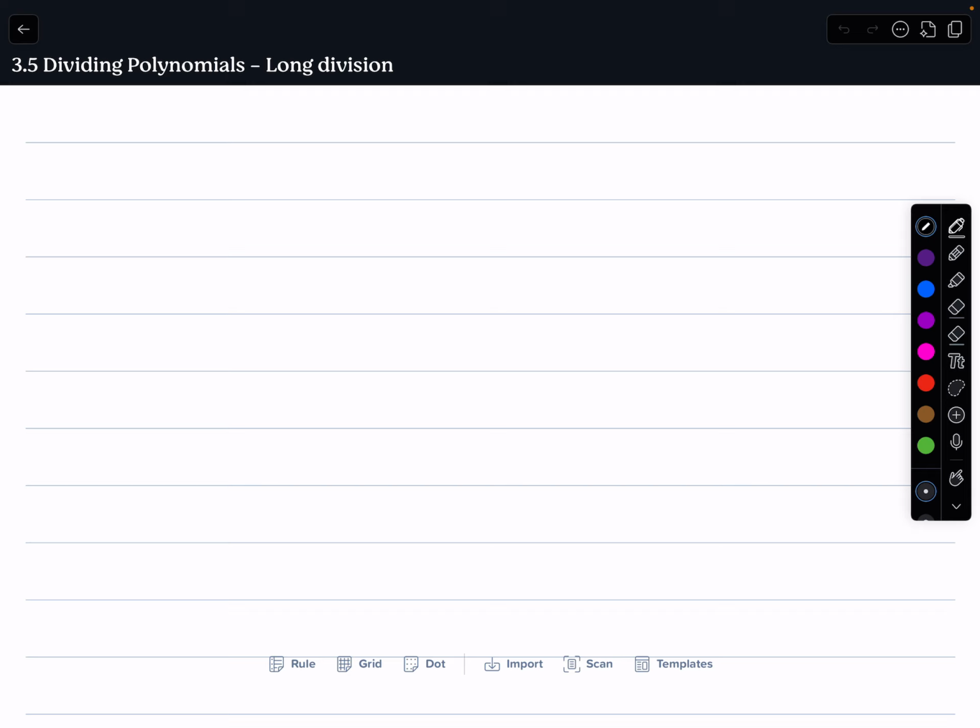So long division. There are a couple of things we need to know when we are dividing polynomials, and this is the terminology. First we have to know the basic terminology when it comes to long division. We may have done this way back in the day, maybe in elementary school or even grade 9, early high school.